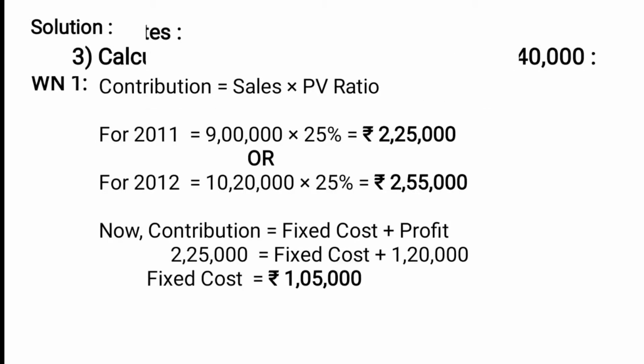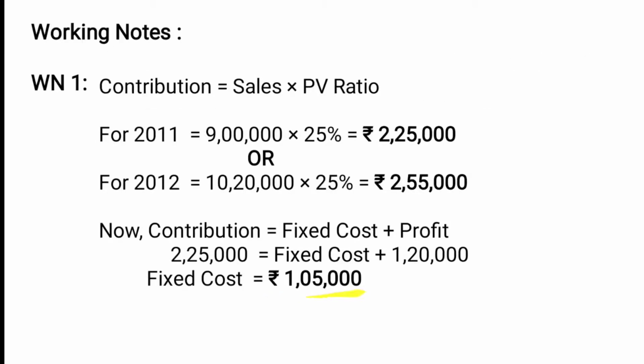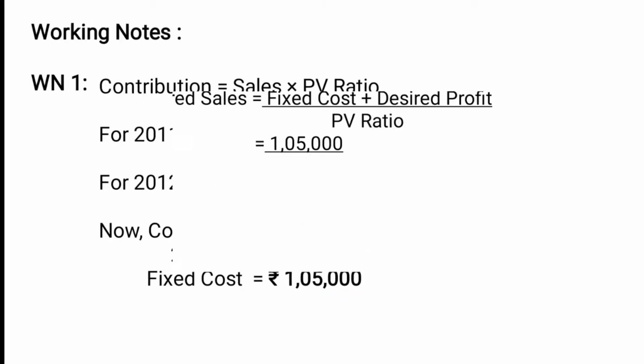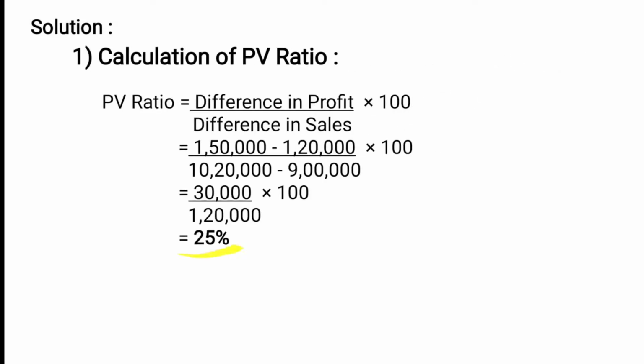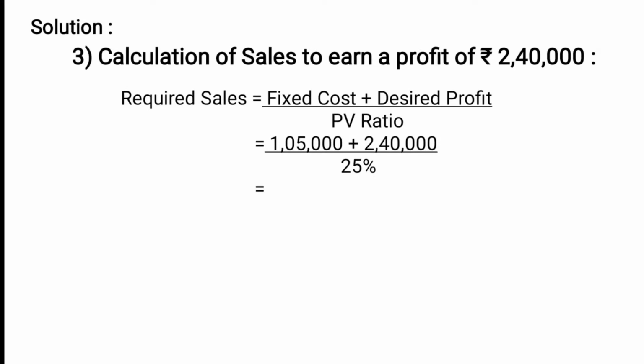So fixed cost amount is rupees 1,05,000 plus desired profit, which is 2,40,000, divided by PV ratio, which is 25%, which will be equal to rupees 13,80,000. So the required sales amount is rupees 13,80,000.